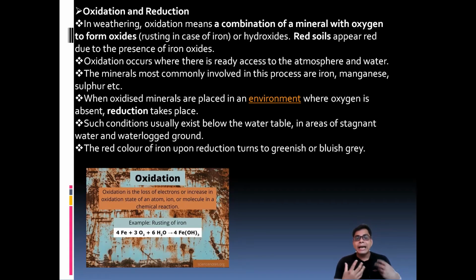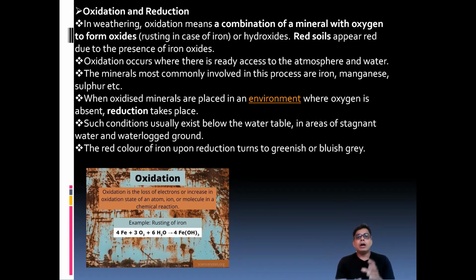When oxidized minerals are placed in an environment where oxygen is absent, reduction takes place. So reduction happens when there is no oxygen and other components are mixed with these minerals. This usually exists in the water table and in stagnant water locked in the ground.